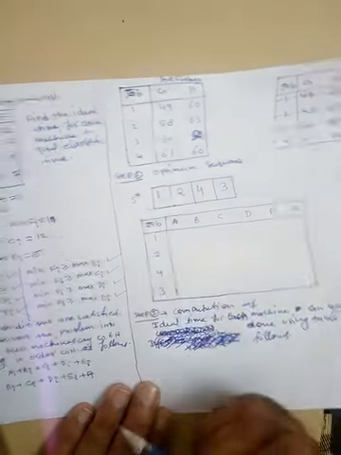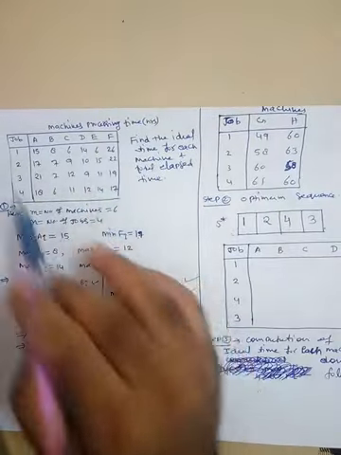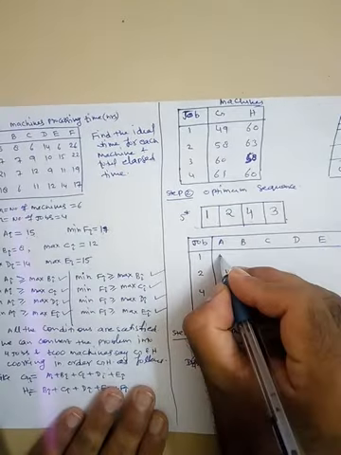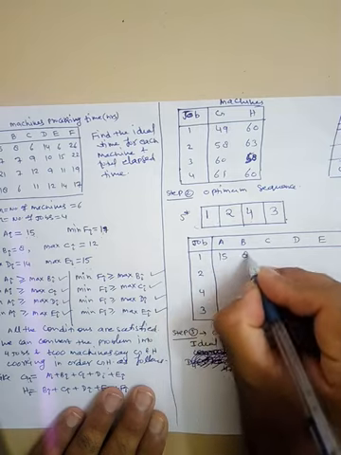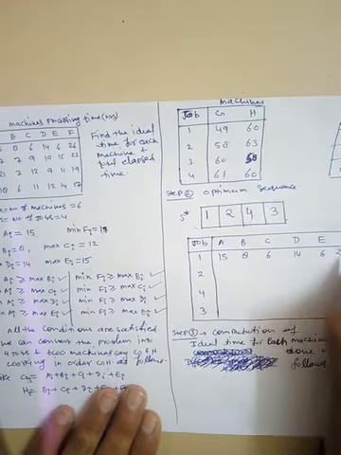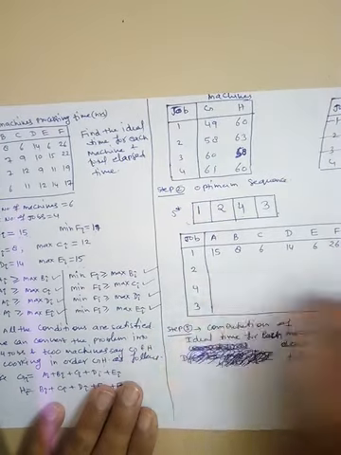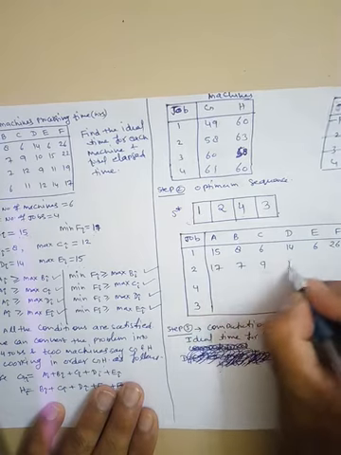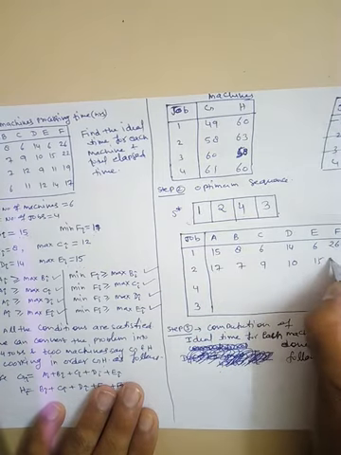Now write down these numbers in this table. So first job, that means first row, as it is. Copy here 15, 8, 6, 14, 6, 26. Second job as it is. So 17, 7, 9, 10, 15 and 22.